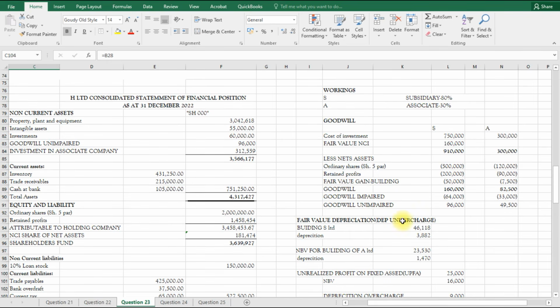We have started with S and A, subsidiary and associate. Then we have calculated the goodwill for S and goodwill for A. We use top border. Then we minus to get our goodwill.